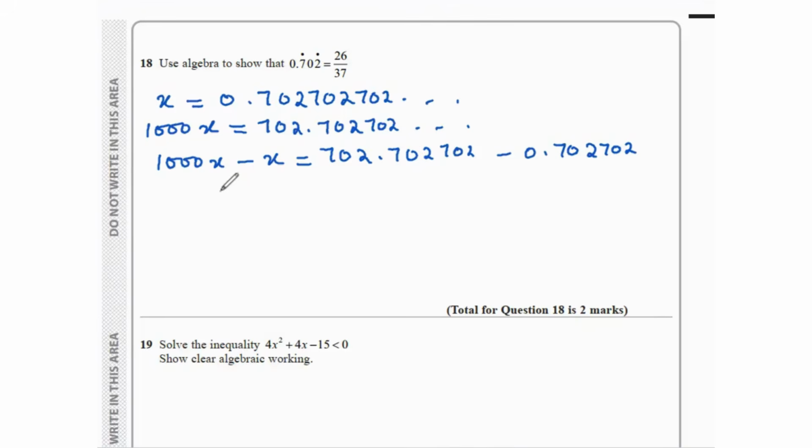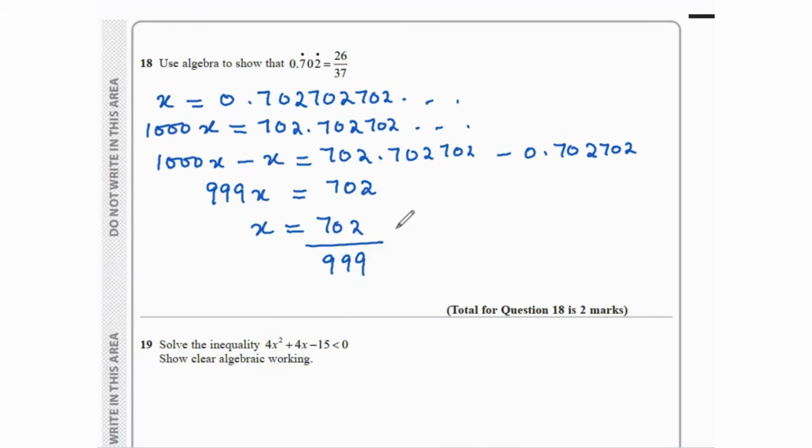1,000x minus x is 999x. 702.702 minus 0.702 is 702. x is going to be 702 divided by 999.